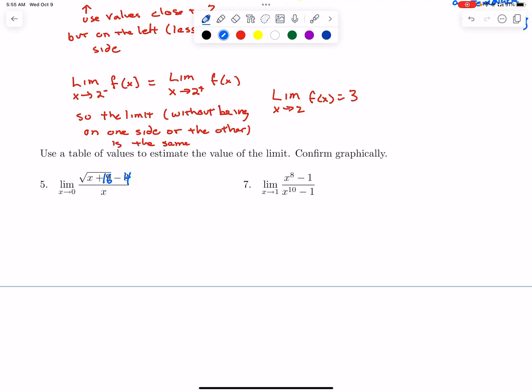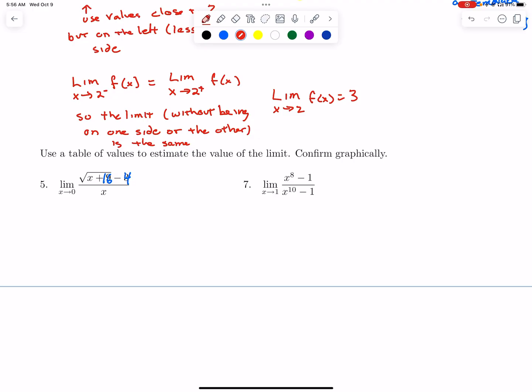Okay, I'm going to try 0.1 and also 0.01, and we have to do both sides. So what I'm going to do is, oh, you know what, I actually did, just say this.